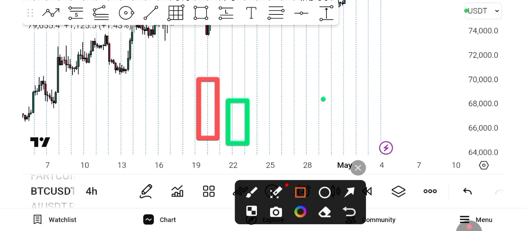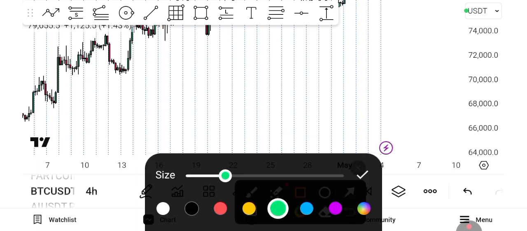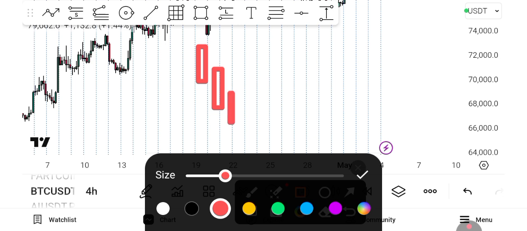Okay, now let me show you another illustration. So first of all, we have the sellers coming in. We have the seller coming in like this. We have the seller coming in like this.